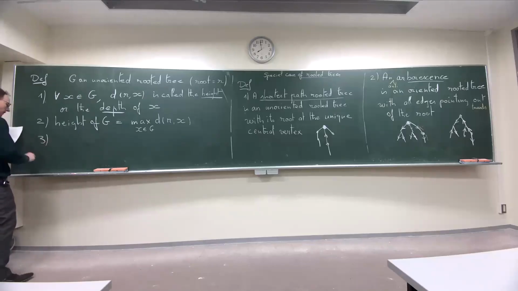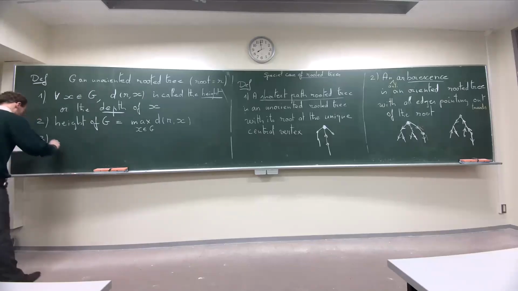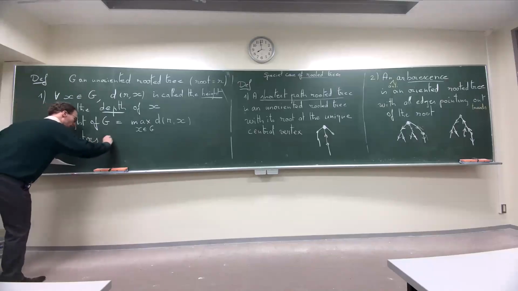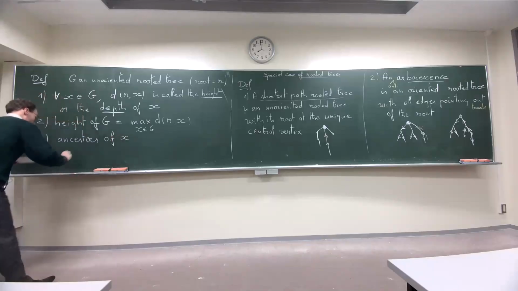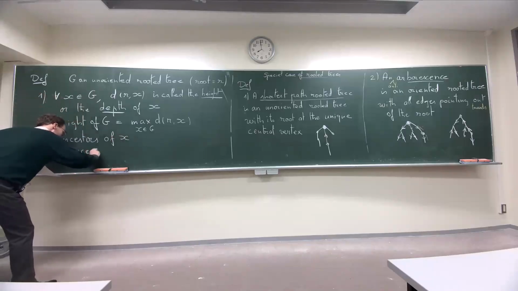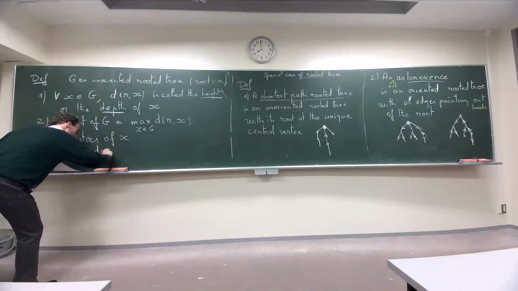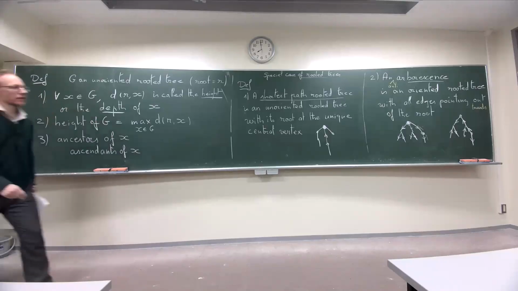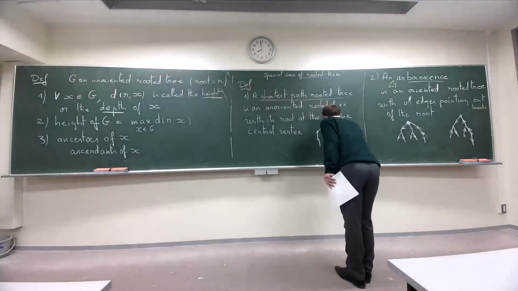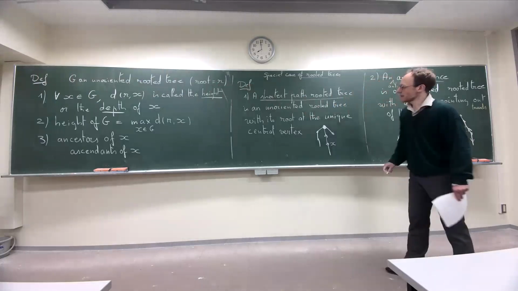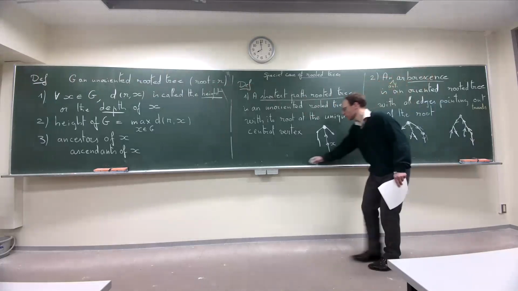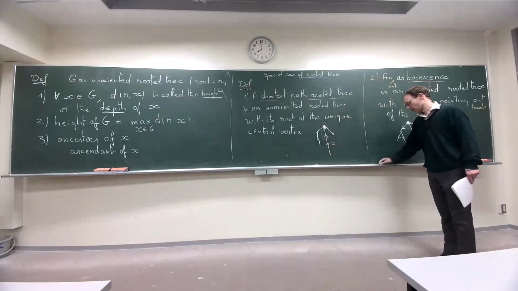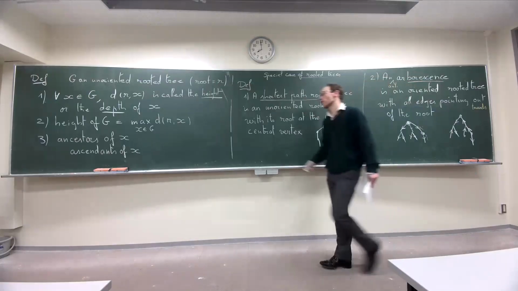What are ancestors? So the ancestors of X, also called the ascendants. I guess you can imagine if this is X, the ancestors are going to be these. Now you can wonder if X is included or not.